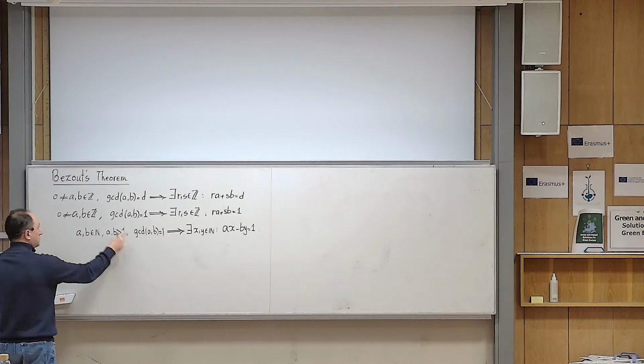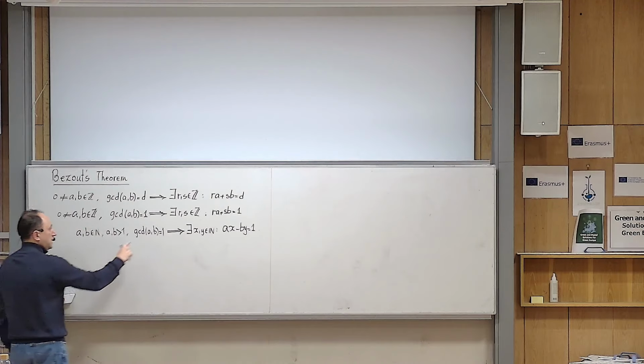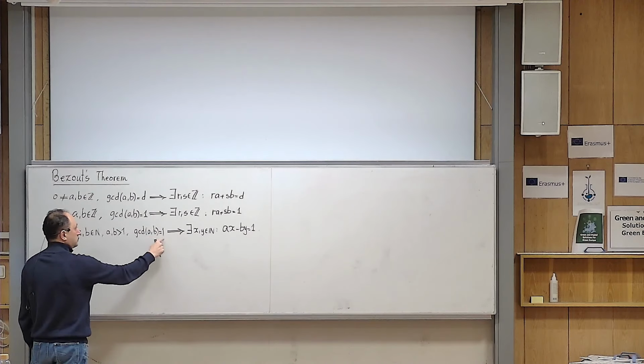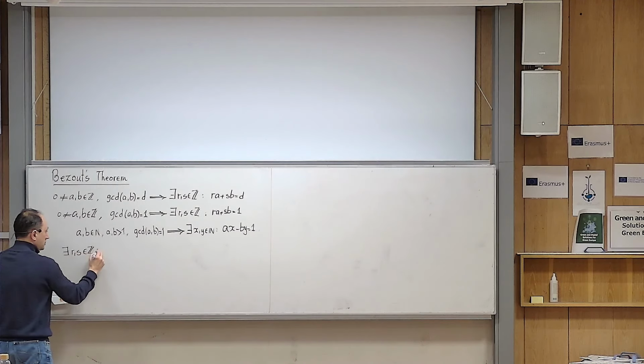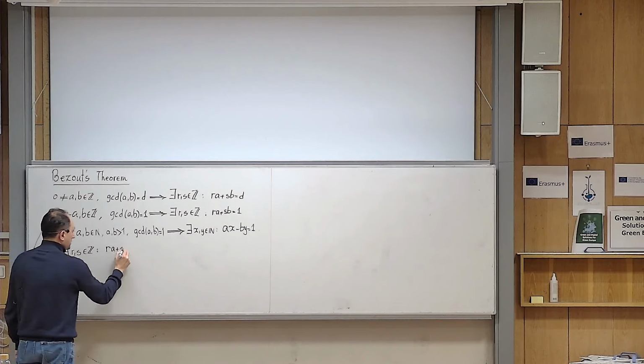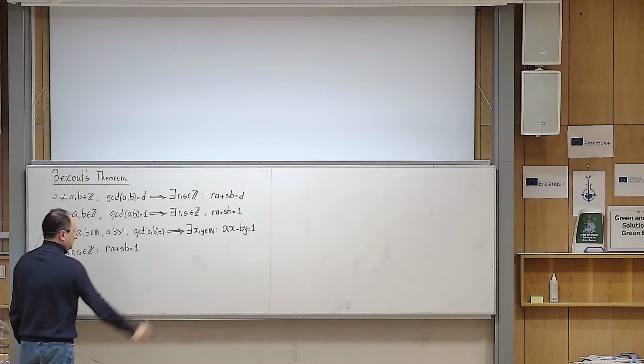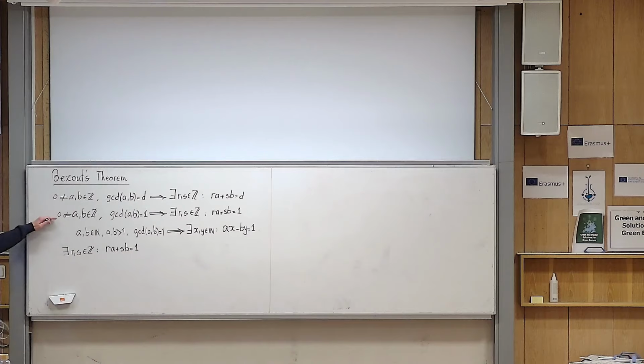If they are greater than 1, they are automatically non-zero, and you are telling me that GCD of a and b is 1. So all those conditions are fulfilled. So this means that this particular case of Bezout's theorem grants me the existence of these two integers such that ra plus sb equals 1. This is exactly this line.